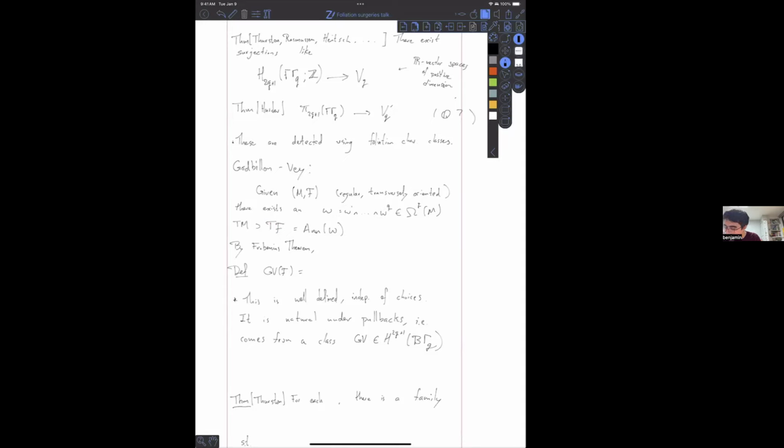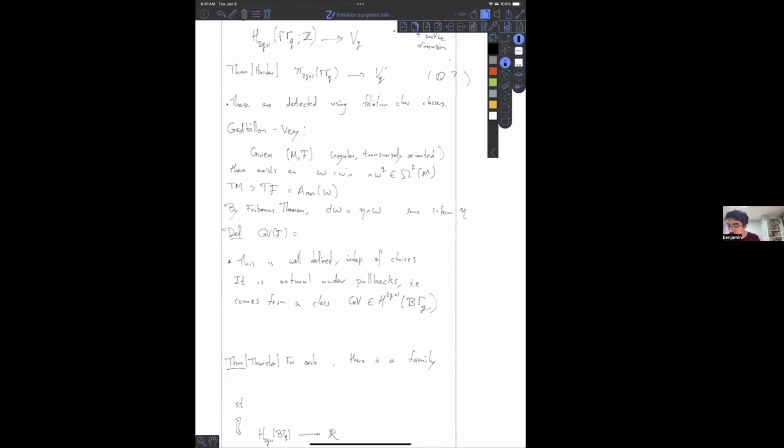And so by the Frobenius theorem, d omega is equal to eta times omega for some one-form eta. So this is one way of stating the Frobenius theorem.